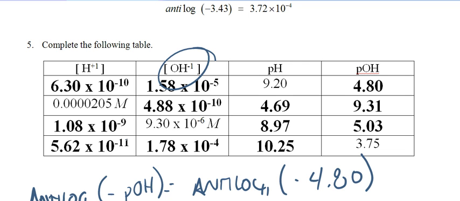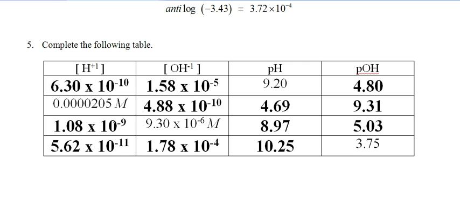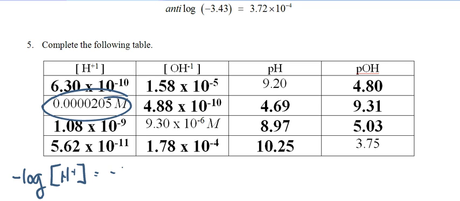All right. Let's look at the next one here. We'll do the hydrogen concentration. I'm given the hydrogen concentration, and I want to find pH. If I know the concentration, then I just simply take the negative log of my hydrogen concentration to get my pH. So negative log of 2.05 times 10 to the, what is that, 1, 2, 3, 4, 5.